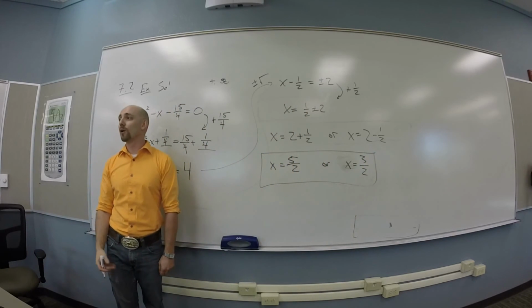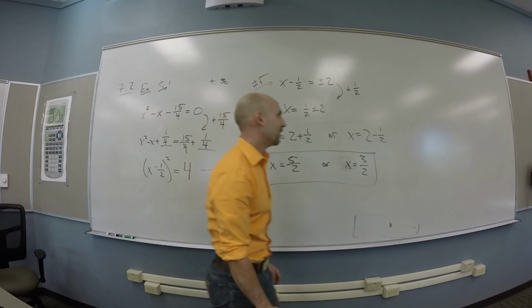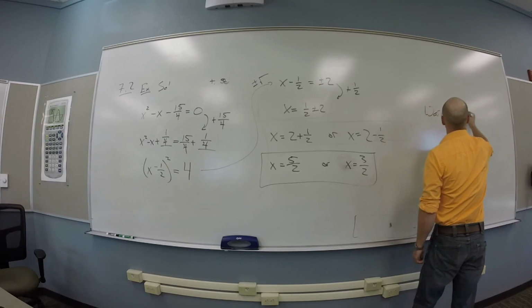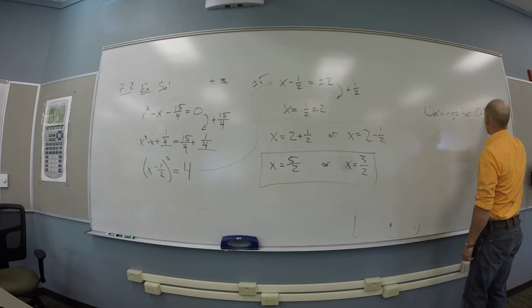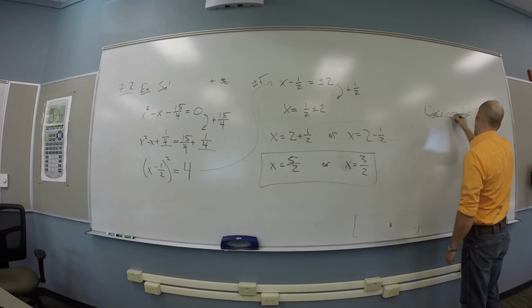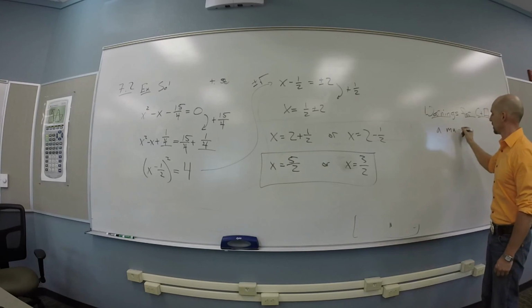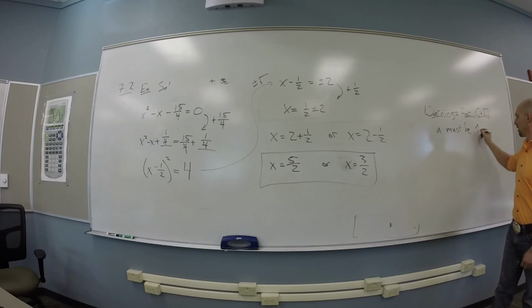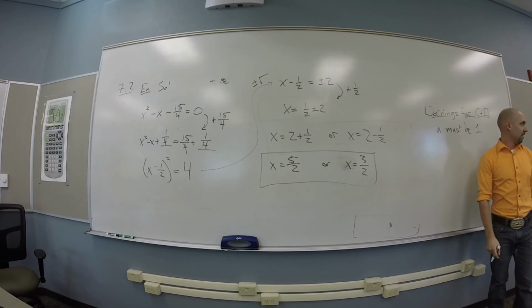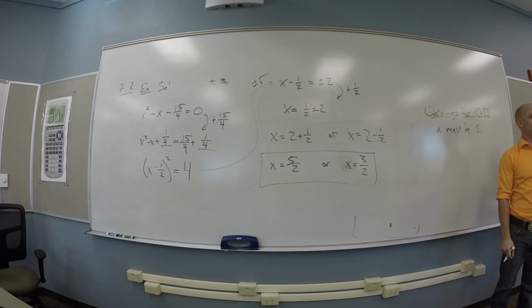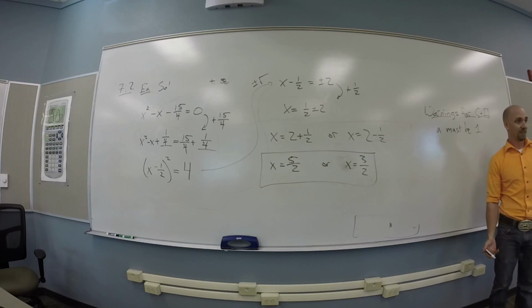Cool. So what did we learn? What were our warnings about completing the square? If our b term isn't divisible by 2, it's going to be messier. So warnings for completing the square: a must be 1, right? And if b is odd, we get a half. B should probably be divisible by 2 for convenience, right?